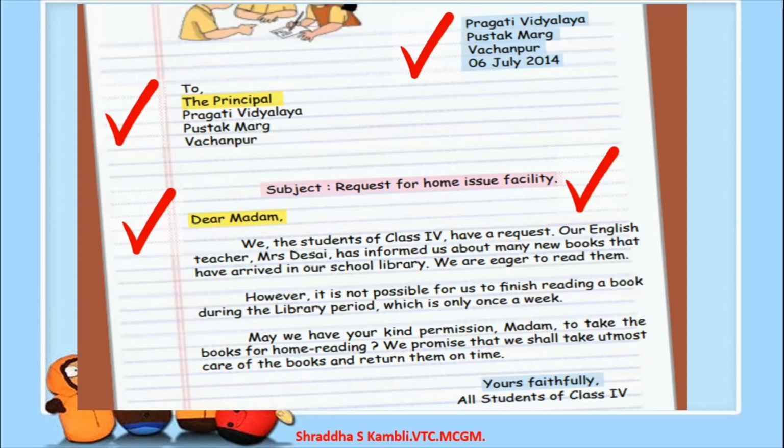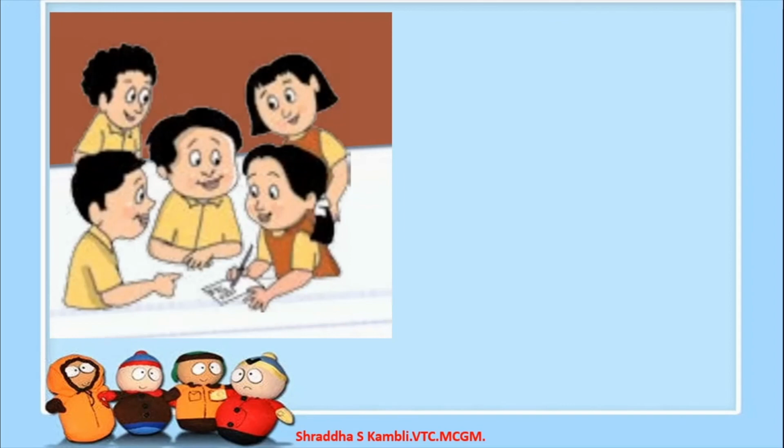So this is done now, and finally they write yours faithfully. And who's writing it? All the students of class 4. So it is not one child, it is all the students of class 4. So our friends of class 4 from Pragati Vidyalaya have written this letter with a lot of effort and with a lot of help also from their teacher.